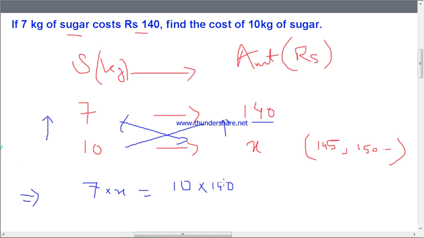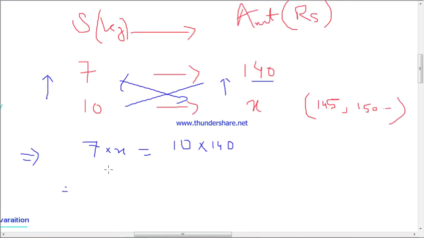Let's simplify this. 7 into x will give us 7x, and I'll keep 10 into 140 as it is to make my calculation simple. Then this is a simple equation again, I have to make x alone, so divide by 7 on both sides. So 7 will get cancelled.